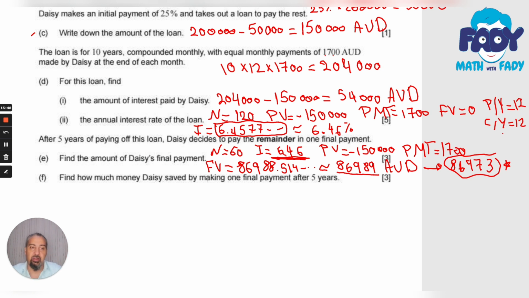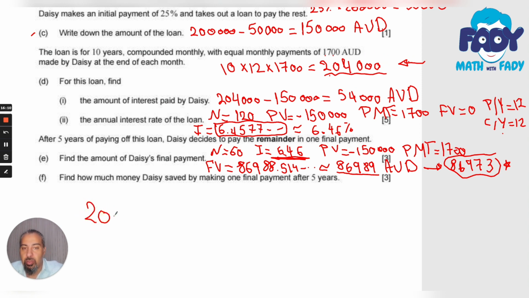So we will calculate this and we will subtract it from her original payments, 204,000. This is what she was supposed to pay, but she didn't continue her loan.